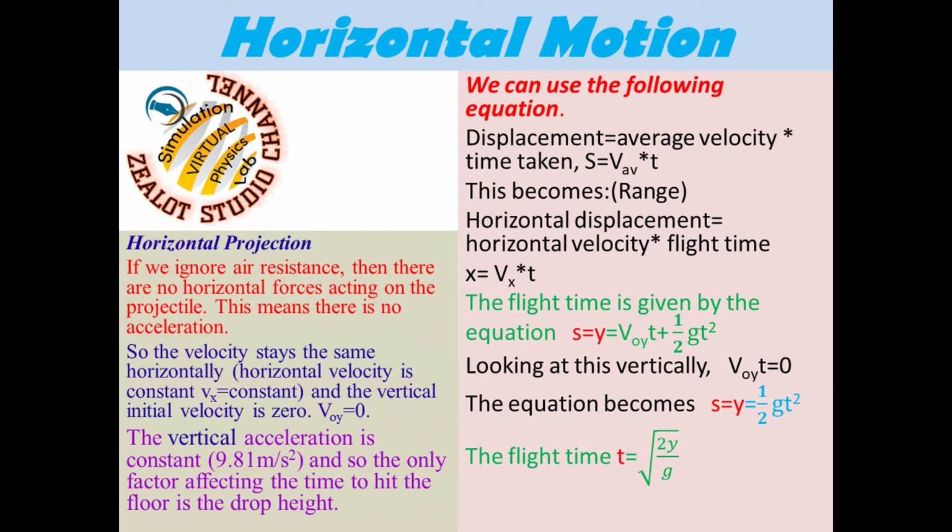The horizontal velocity Vx is constant, and the vertical initial velocity is also zero: V naught y equals zero. The angle is zero, so there is no acceleration horizontally.